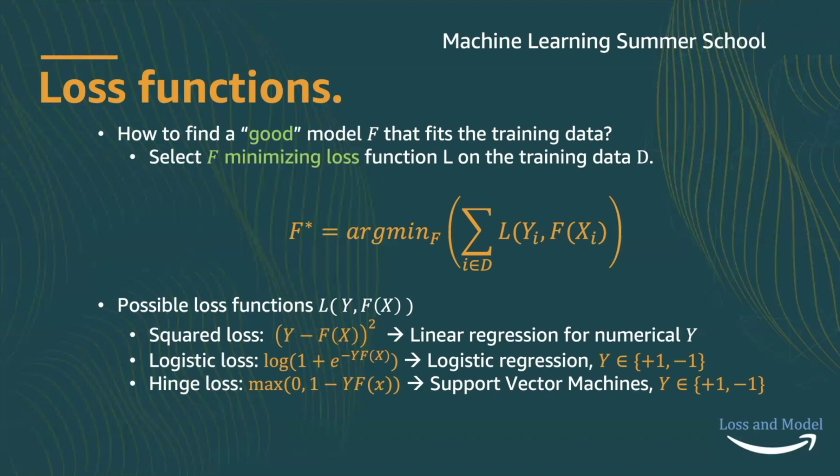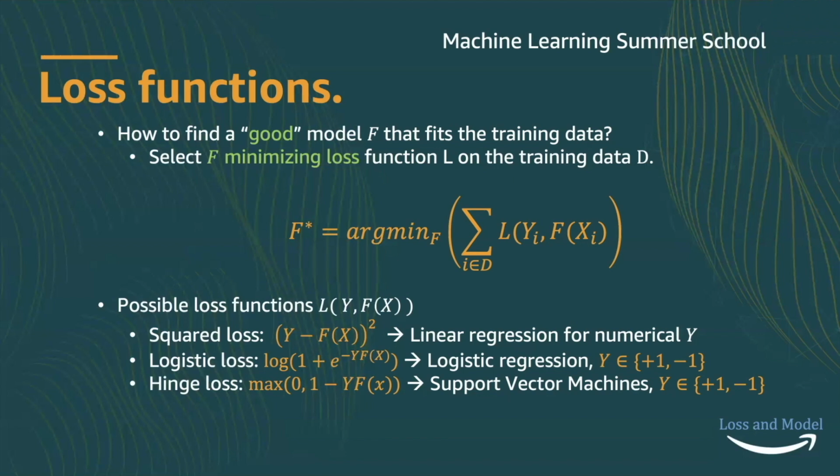Now, how do you determine if a particular F is a good model or a bad model? Because we eventually want a very good mapping that will tell us whether it is useful for us to make predictions or not.